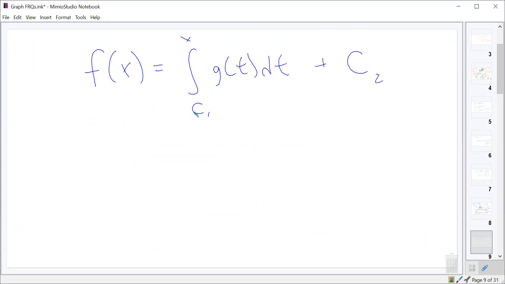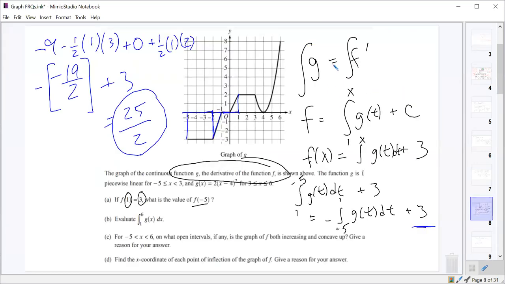It can be any constant down here because all that needs to be true is that when we take the derivative of f, f prime of x needs to be g of x. So that's fine for any constant, true? And for any constant over here as well, right? That's the condition that we needed. We needed that f prime equal g.